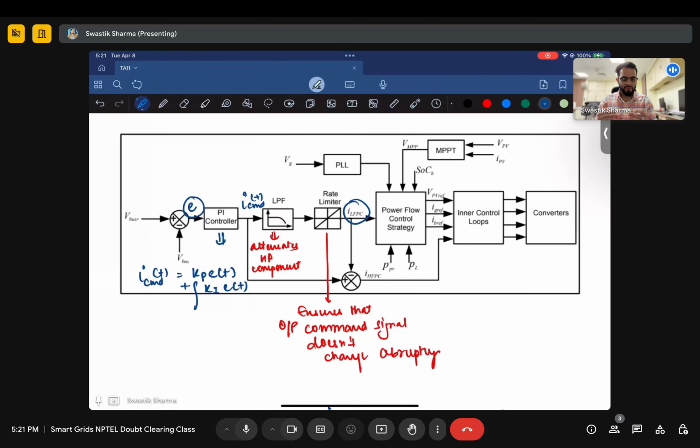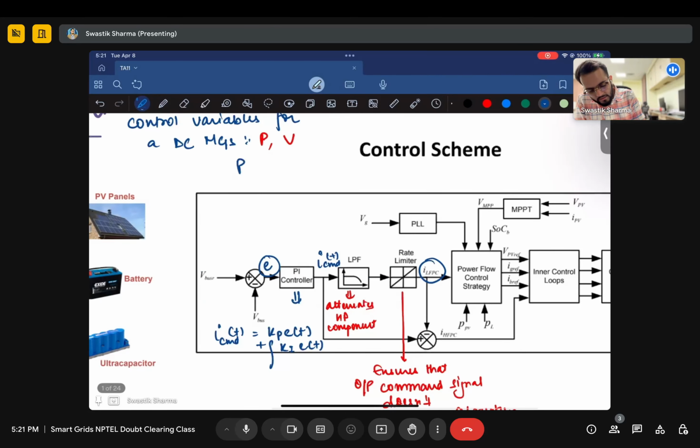So by controlling the power from the individual converters or components of your DC microgrid, you want to control the power being outputted from these individual devices and how that relates to your voltage. Because at the end of the day, for a DC microgrid, P is directly proportional to V. This we have talked about in depth when we were discussing DC microgrids.